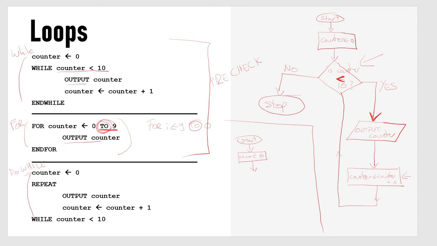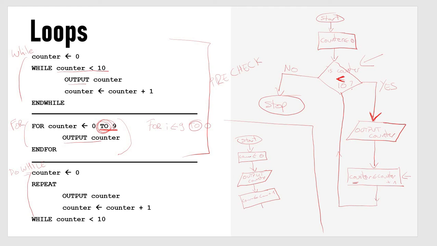Now, instead of having the condition, the decision, checked first, what you would have first is the action. So you would have your input output, output counter, and then the increment, so you'd have your rectangle, counter is assigned to counter plus 1, the same as this one here.